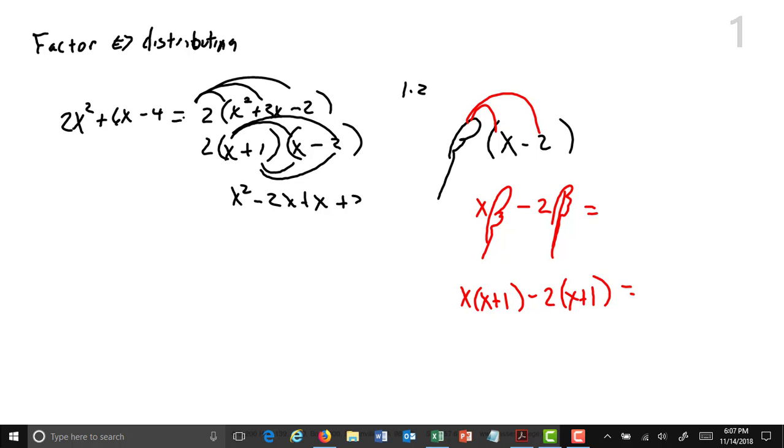You see it? And is it going to work? Yeah, because you're going to have x squared minus the same thing as FOIL. But another way you can think of it, instead of foiling, is just taking this term and multiplying it times the x, taking this term and multiplying it times the minus 2. And then carry out your algebra.